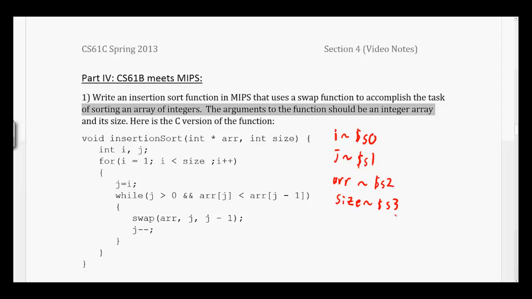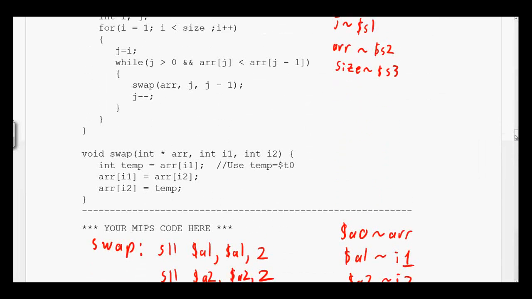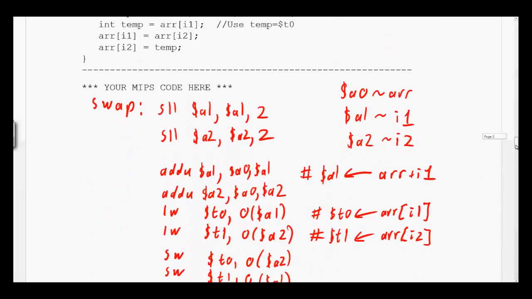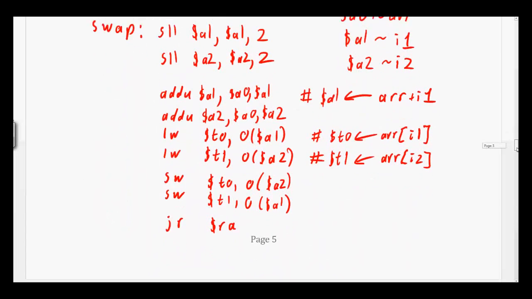R and size will initially be passed in to A0 and A1, but as we noted in the first exercise, those values are not guaranteed to be preserved, so when we call swap, they could disappear. And in fact, as we see, we did clobber A1 and A2 in our call to swap.